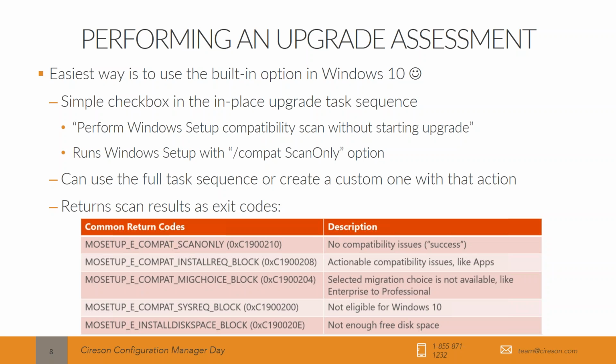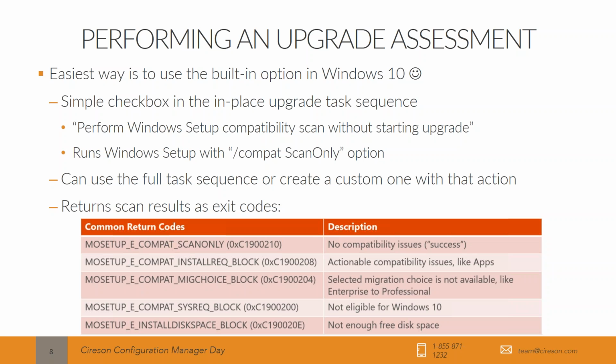Basically what that does when the task sequence runs, it runs Windows setup with a command line switch of /compat scan only. And so it will run Windows setup, but without really installing, just to check to see if the Windows 10 setup program thinks that the existing hardware would be applicable to be upgraded to Windows 10.